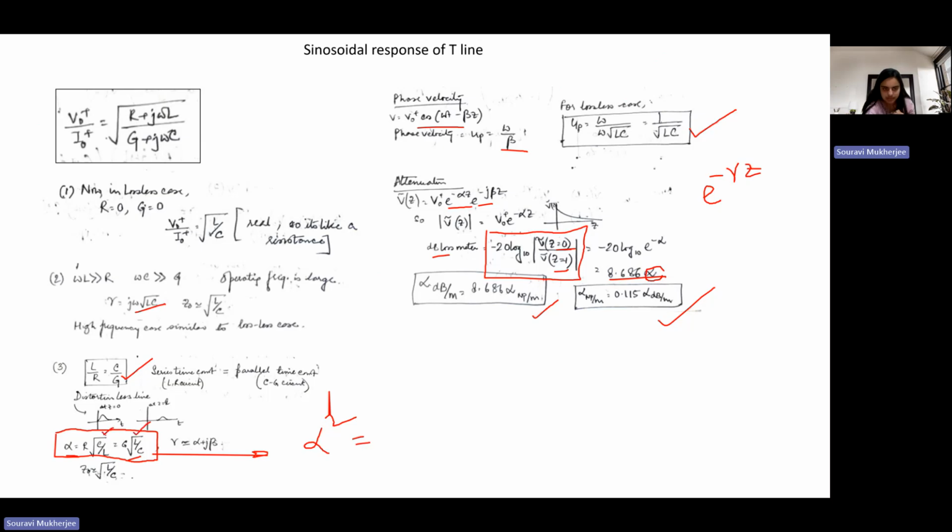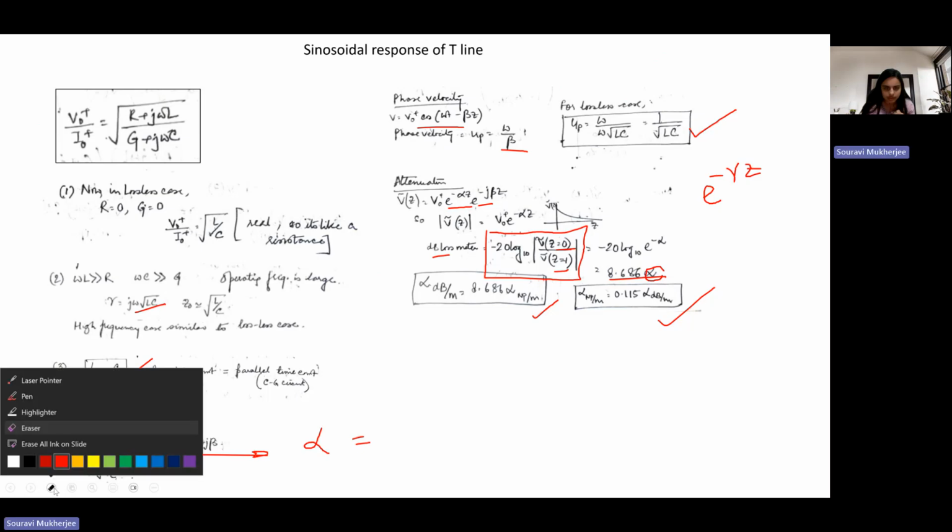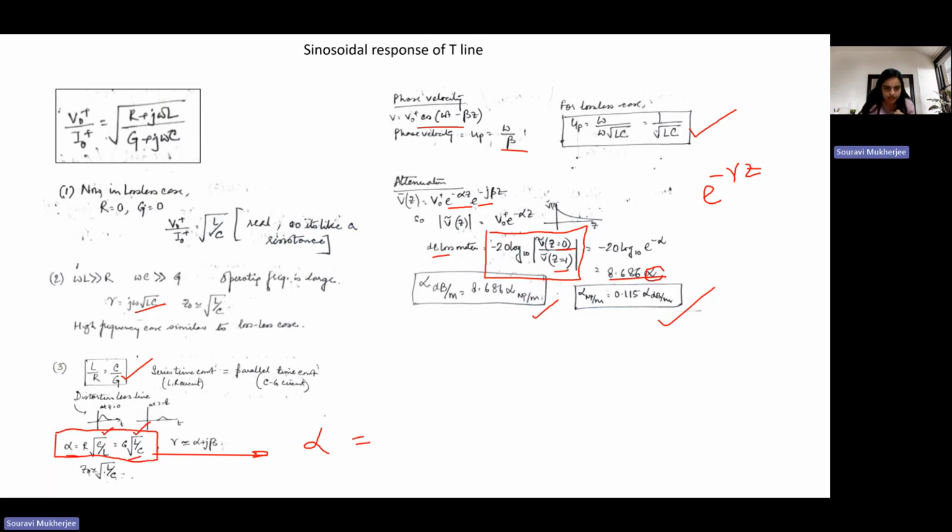The terms within the square roots cancel each other, so what you are left with is alpha square equal to R into G. Just multiply R into root over C by L with G into root over L by C, and that's nothing but alpha square. So this gives you a relation between alpha, R, and G.